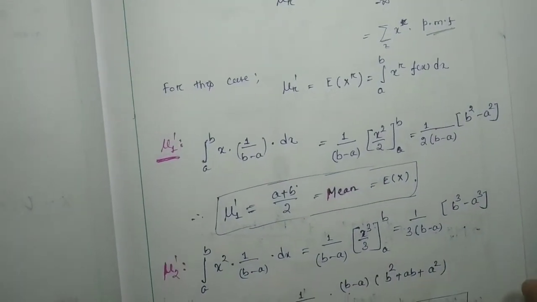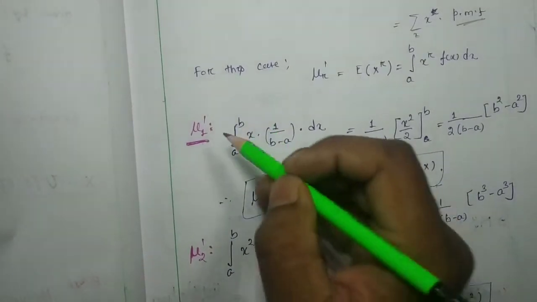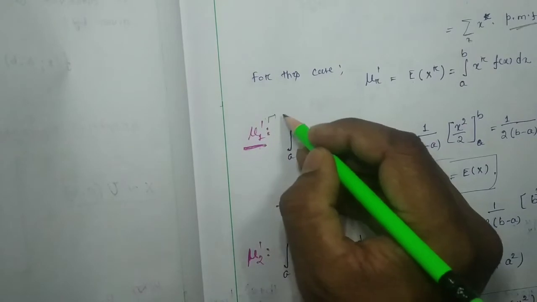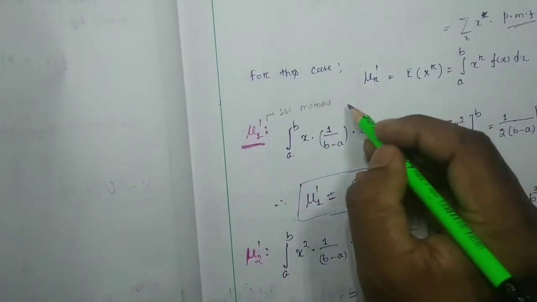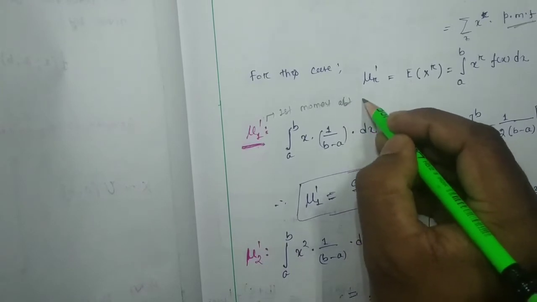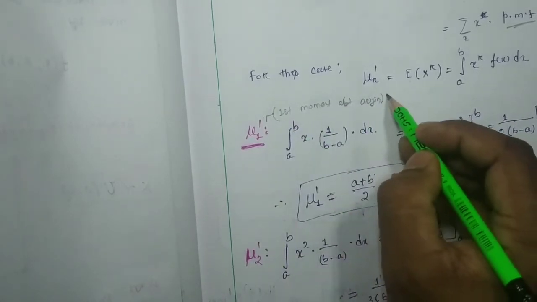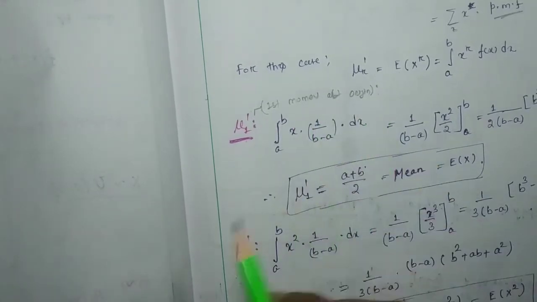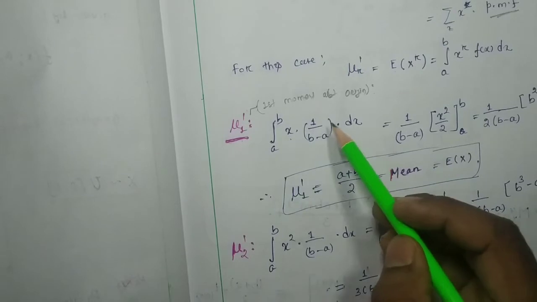Okay, then now we have to find out mu 1 dash, or this is called the first moment about origin. You can write in the bracket. First moment about the origin, that is the integral from a to b of x into fx dx.